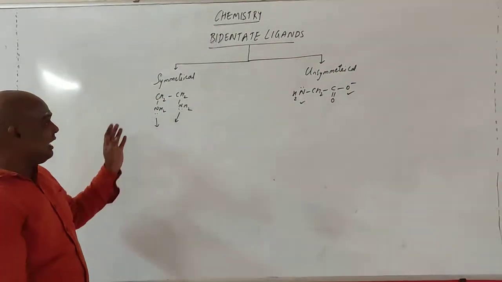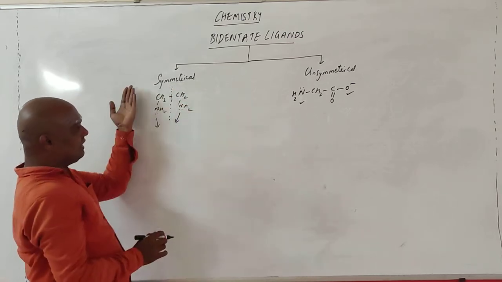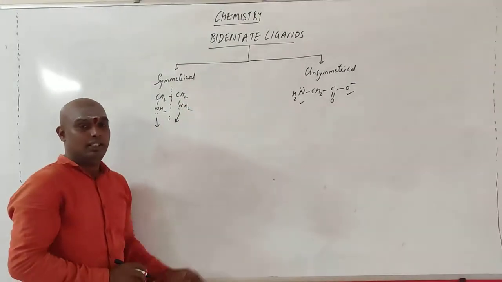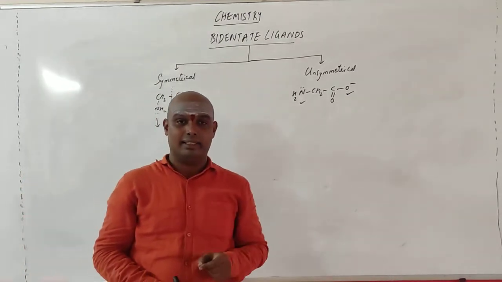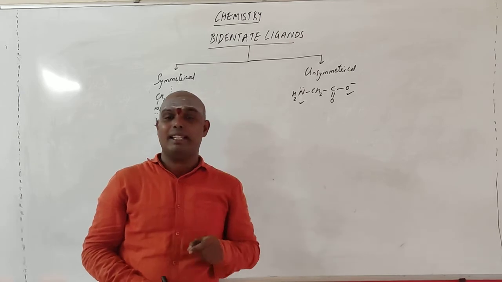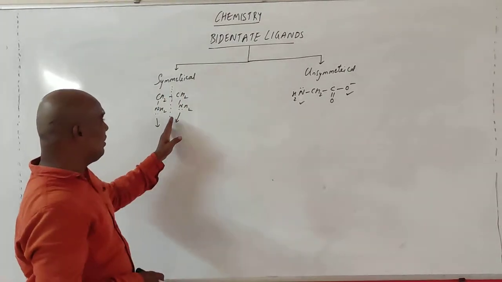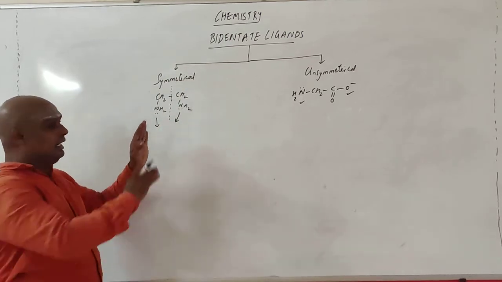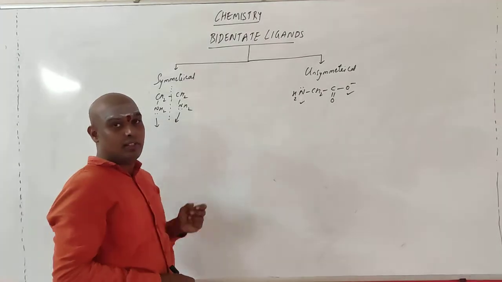One more thing: symmetrical means if you divide the molecule in half, this half is equal to the other half. Imagine an imaginary line, and if that imaginary line cuts the molecule into two equal halves, then that type of molecule is called symmetrical.